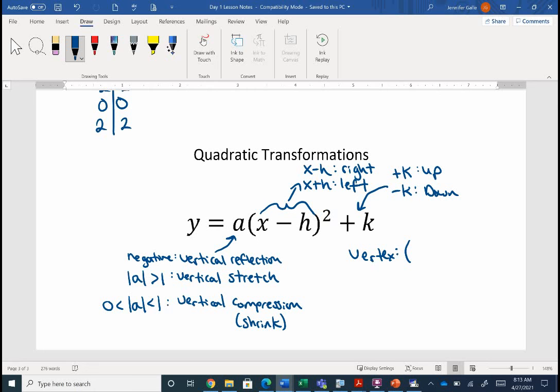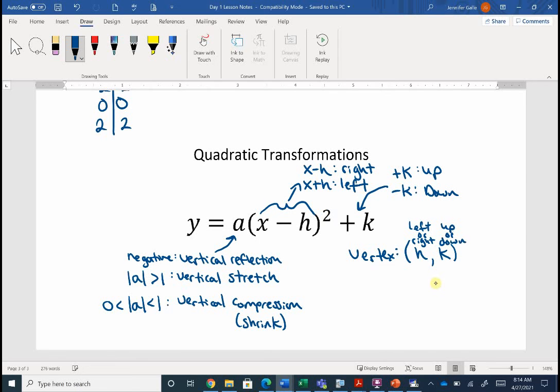And the vertex always relates to our left or right movement, comma, our up and down movement. So this would be h, left or right. The k is the up or down piece.